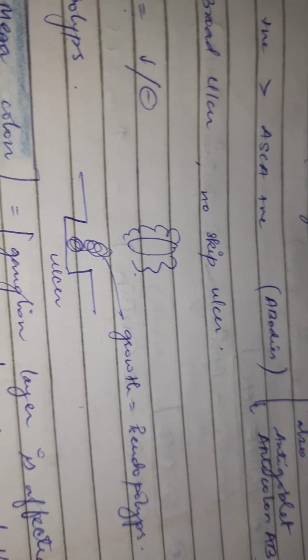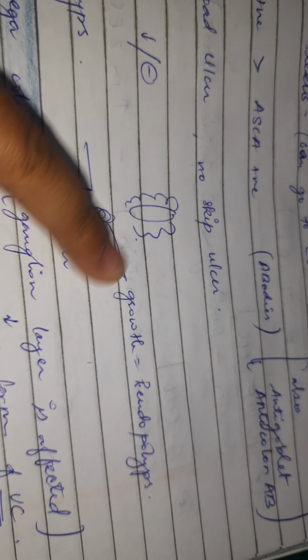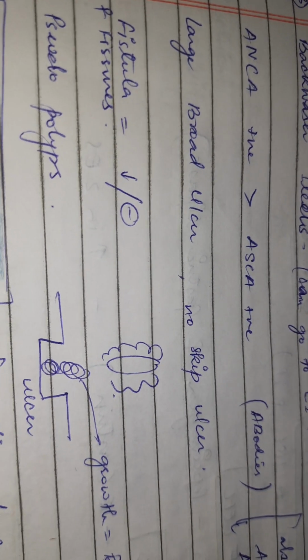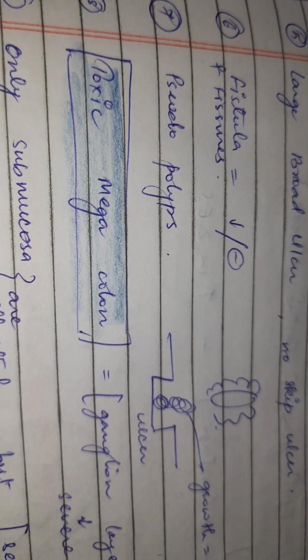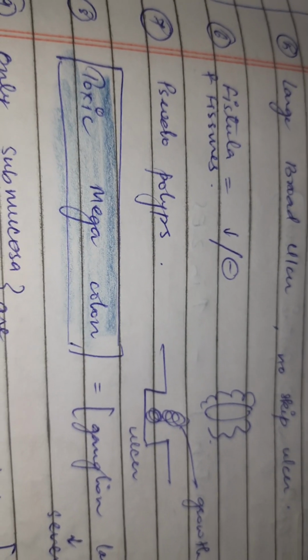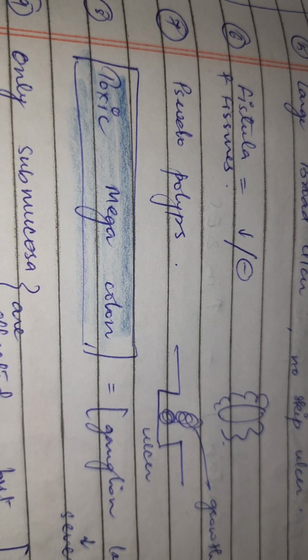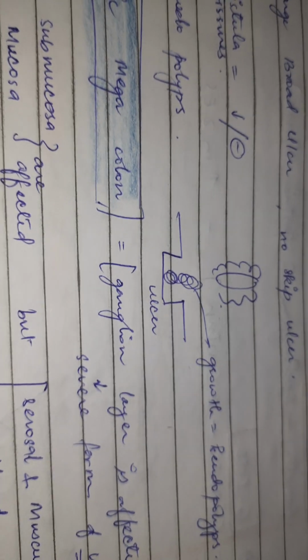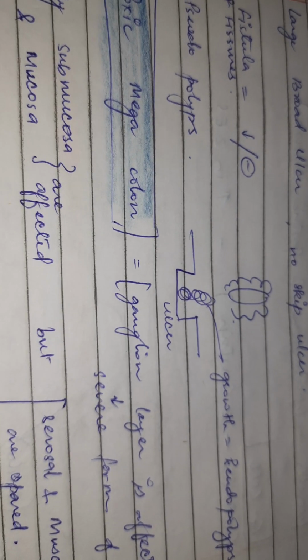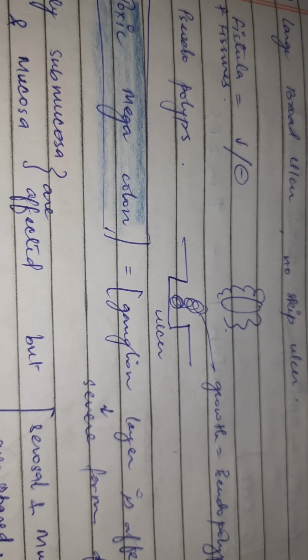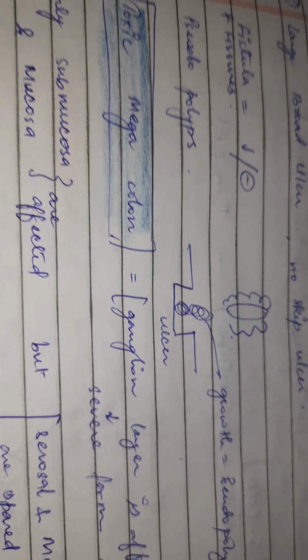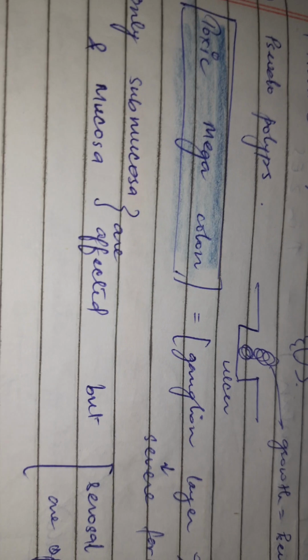Then pseudopolyps may occur, growths beside the large broad ulcer. Then toxic megacolon: the colon is toxic and it is mega, large.